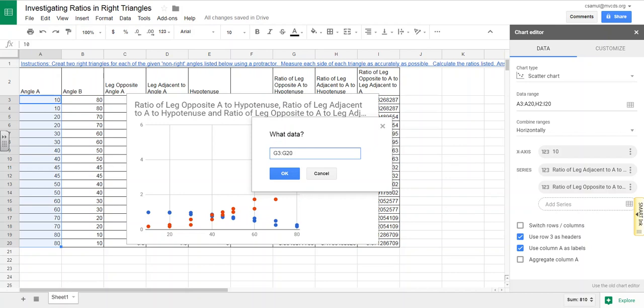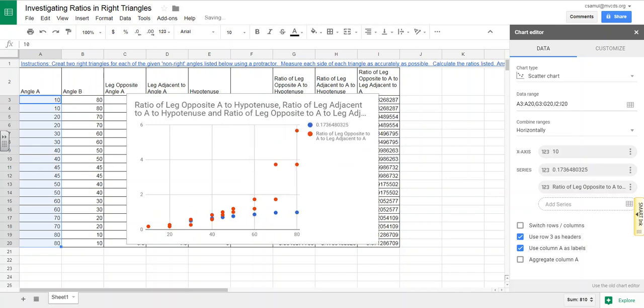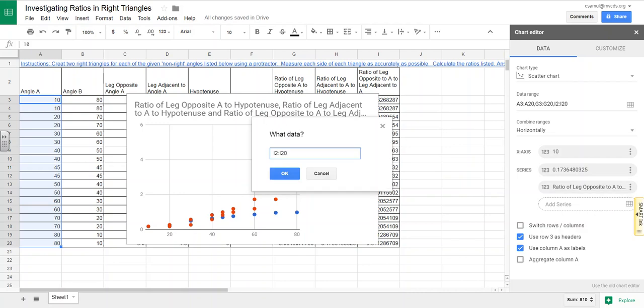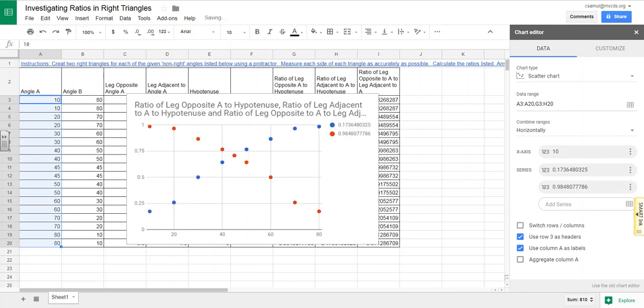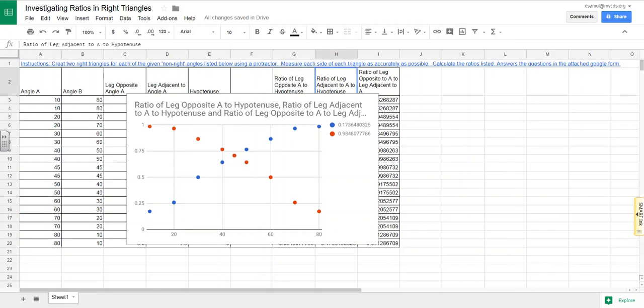The colon indicates G3 through G20 as my data. And then I also want to use column H, so I'm going to pick H3 through H20. And what I have now is a nice chart comparing column G with column H based on angle A.